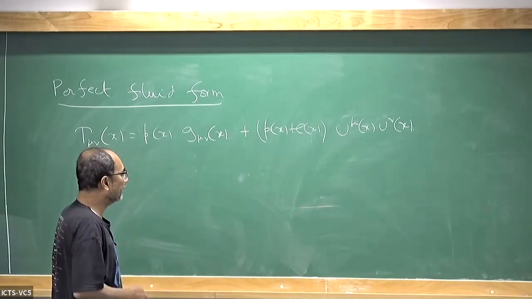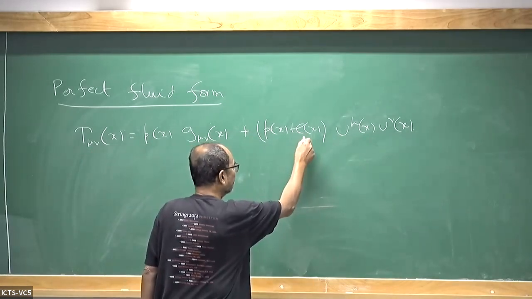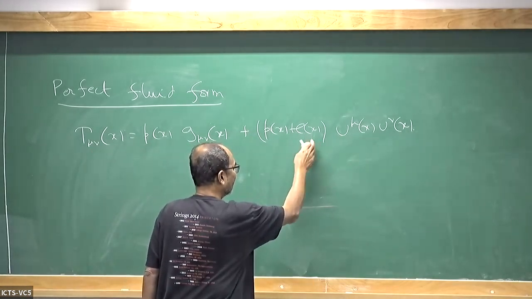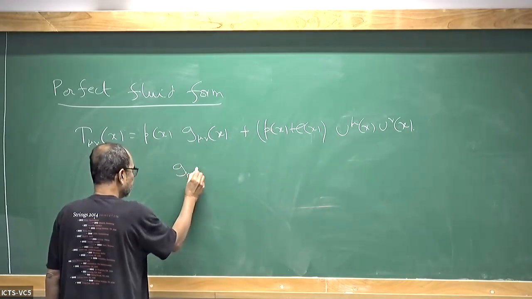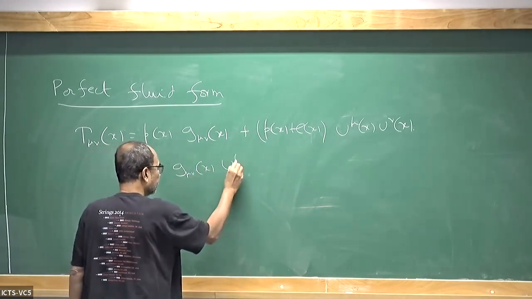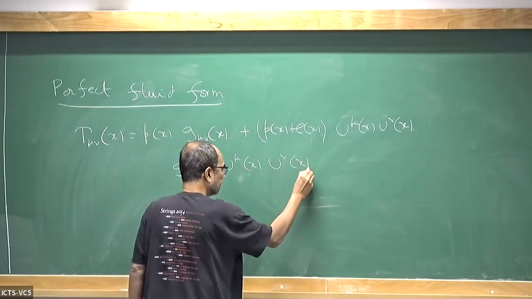Okay. And we also impose one condition, but that condition of course can be relaxed by changing rho. Okay, so we use that g mu nu of x, u mu of x, u nu of x is -1.